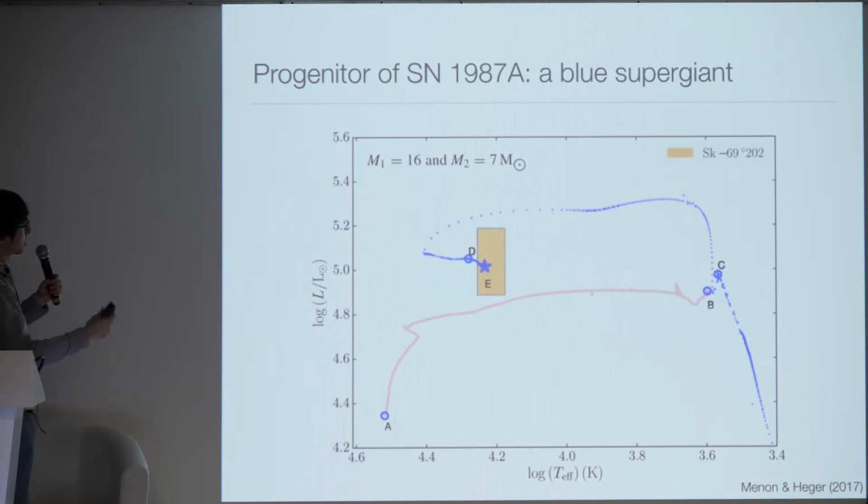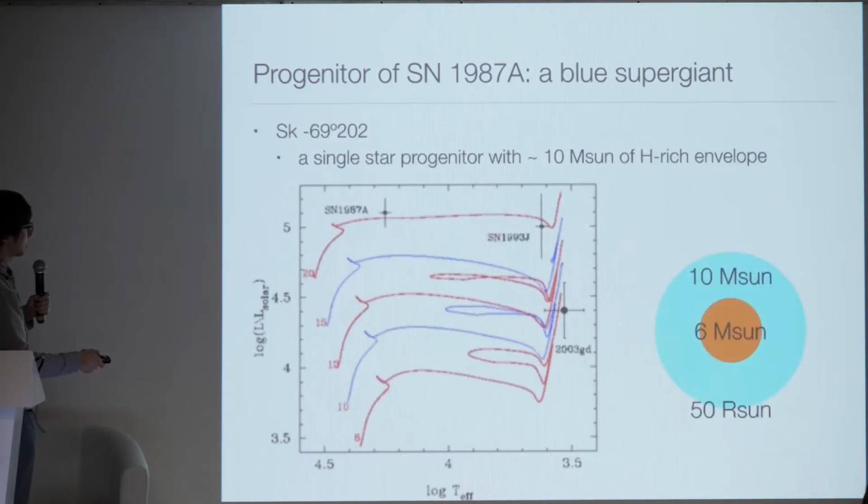In this particular case, if the separation is large enough, this mass transfer won't lead to a merger. But if they are close enough, they may merge, and then behave as a single star from some moment, and that can lead to this kind of structure.